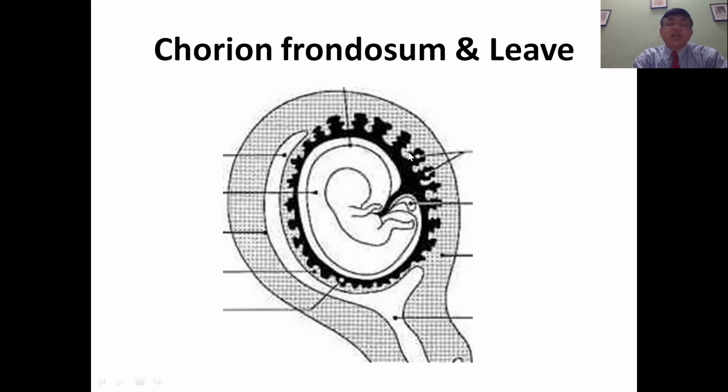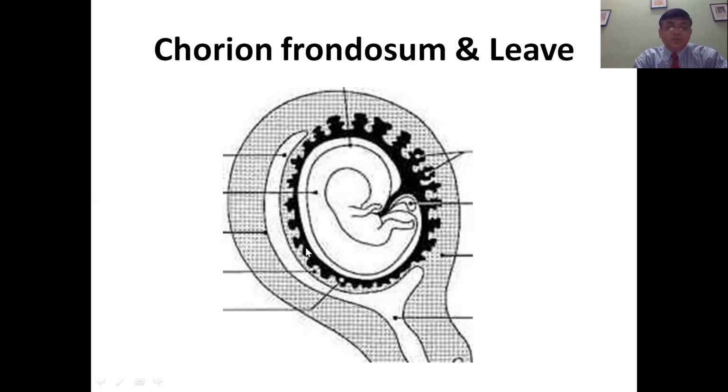Now the villi which project into the decidua basalis, they penetrate the decidua basalis and establish circulation there. By that I mean these villi develop future placenta. So these villi which develop future placenta are called as chorion frondosum.